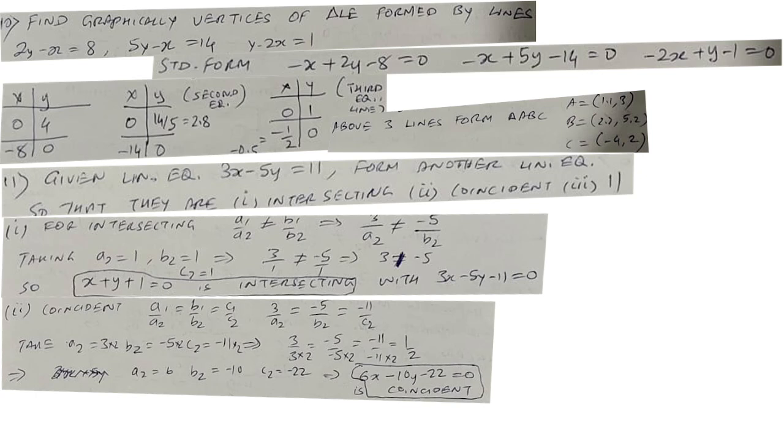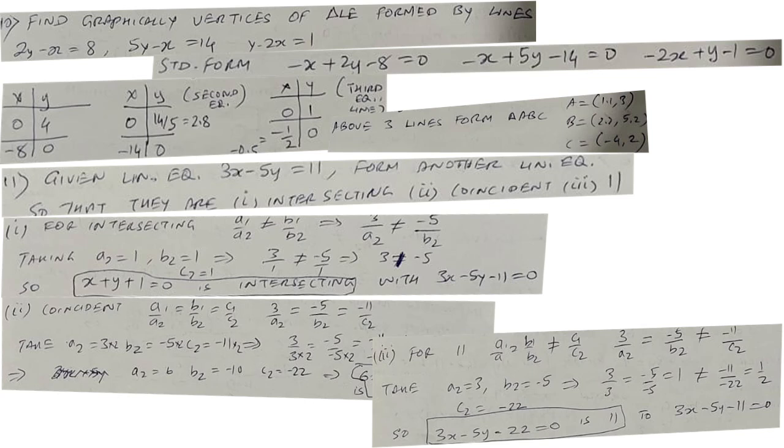So you get A1 by A2 equal to B1 by B2 equal to C1 by C2 equal to half. If you take A2 as 6, B2 as minus 10, and C2 as minus 22, you get the equation 6x minus 10y minus 22 equal to 0, which is coincident with the original equation 3x minus 5y minus 11 equal to 0.